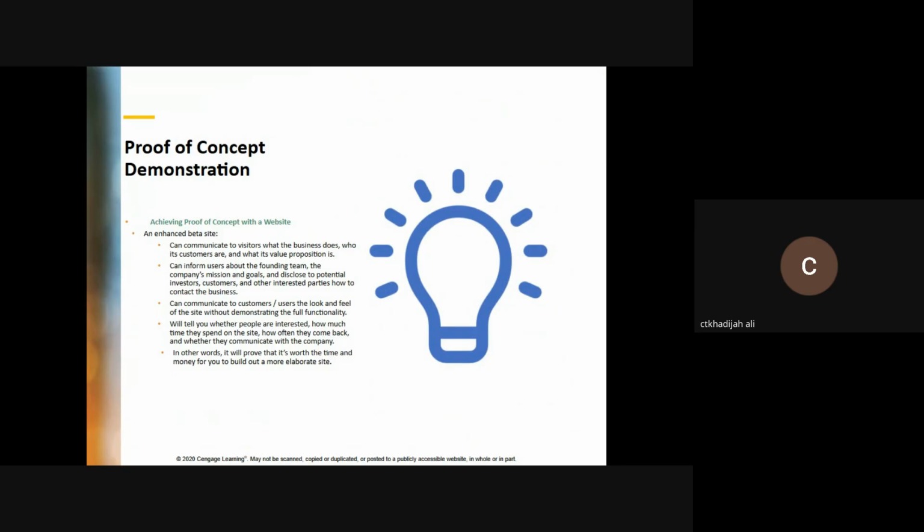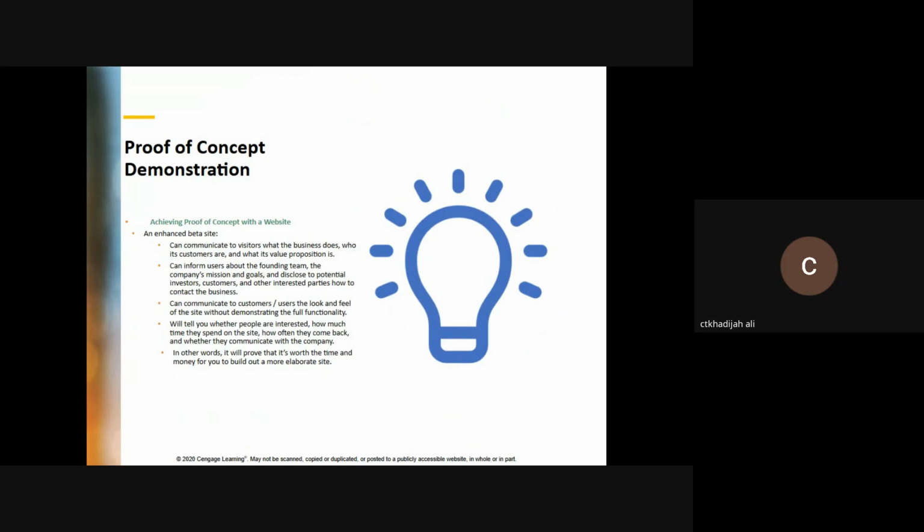Achieving proof of concept with a website and enhanced beta site can communicate to visitors what the business does, who its customers are, and what its value proposition is. Remember, value proposition, what makes your product different from your competitor.